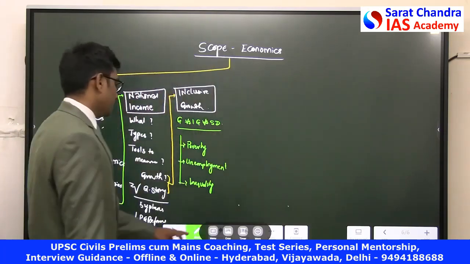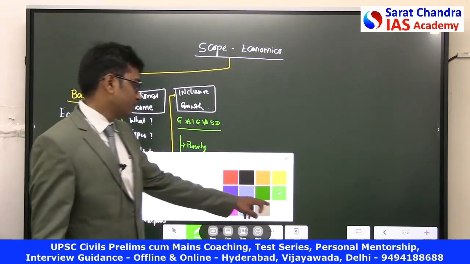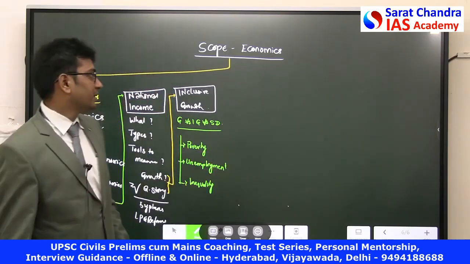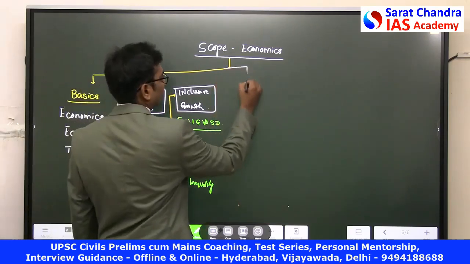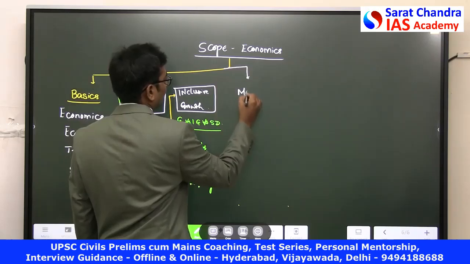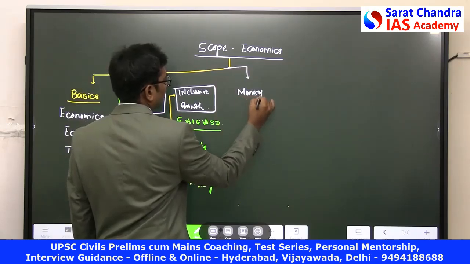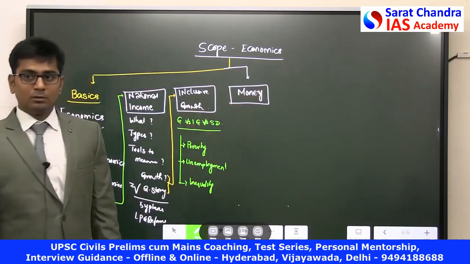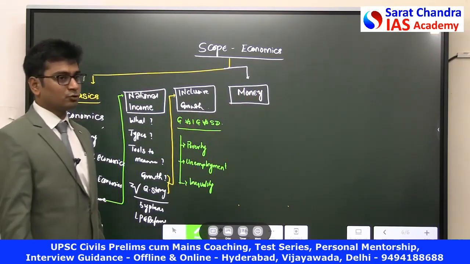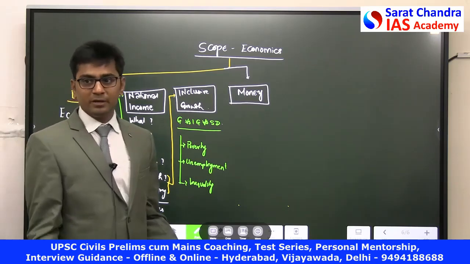After this, whenever I say national income, there should be something to measure it, some parameter to measure it. And I said in economics, the parameter that you have is money. Now what you have to study is how the concept of money evolved over a period of time.